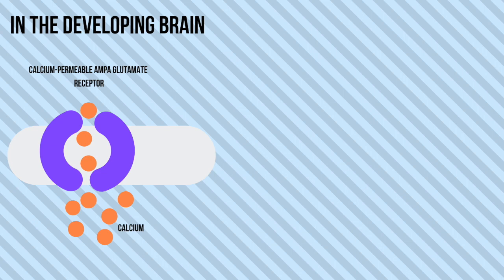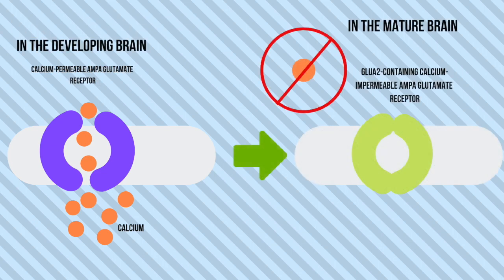These receptors are subsequently replaced with GluA2-containing calcium-impermeable AMPA receptors as synapses stabilize and mature. This switch in AMPA receptors contributes to synapse maturation and stabilization by decreasing the entry of calcium into the postsynaptic cells. This is important because it limits the plasticity mechanism that requires signaling through calcium-dependent pathways.